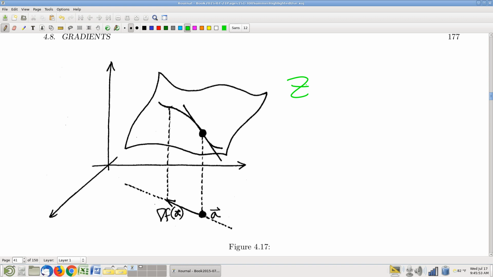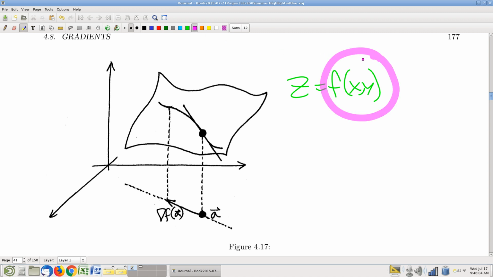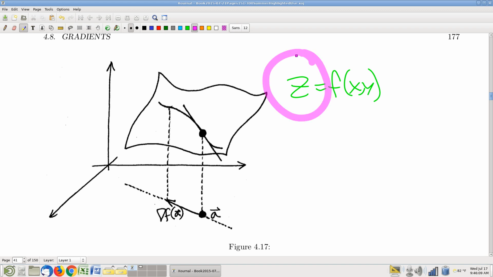But if you were looking at a graph, so z is a function of x and y, notice that trying to make the function increase as fast as possible is the same as trying to make z increase as fast as possible, which means I'm trying to make height increase as fast as possible.